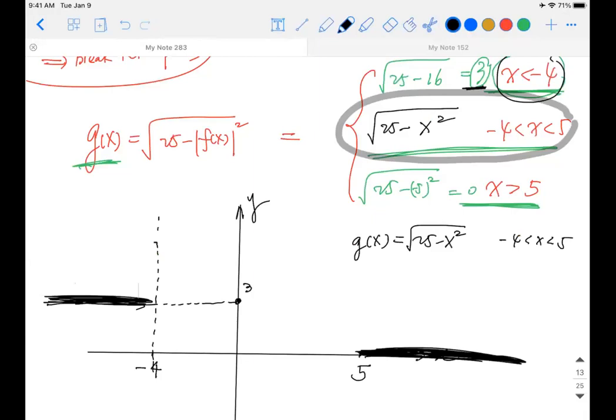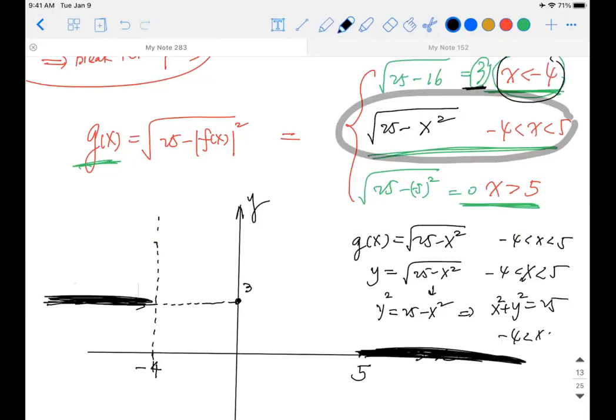I use y: y equals square root of 25 minus x squared. I just do a perfect square, there's not too much I can do. y squared equals 25 minus x squared. That means x squared plus y squared equals 25, whenever x is from -4 to 5.